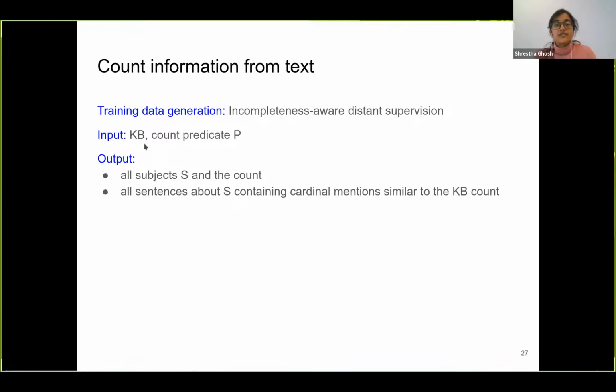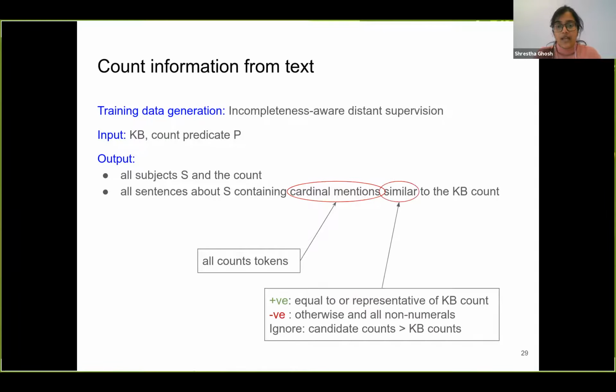So the knowledge base has the ground truths. However, we do not restrict to strict equality for a number of reasons. So firstly, cardinal mentions, as we looked into, include all count tokens. And similarity does not mean equality to the knowledge base count.